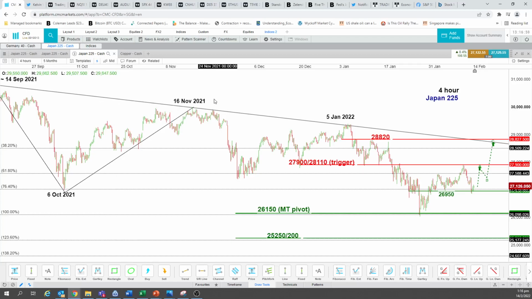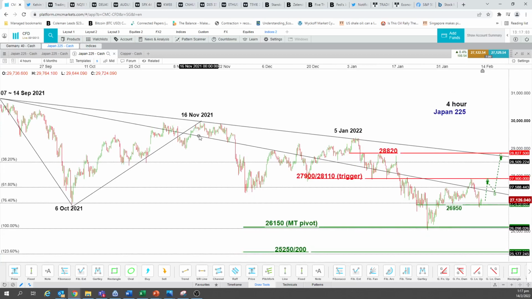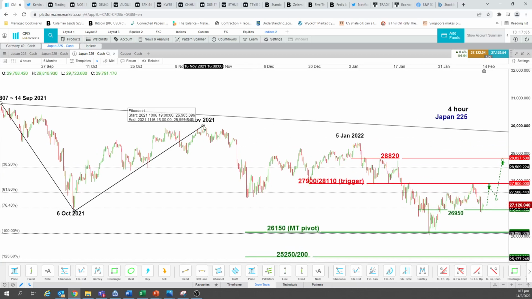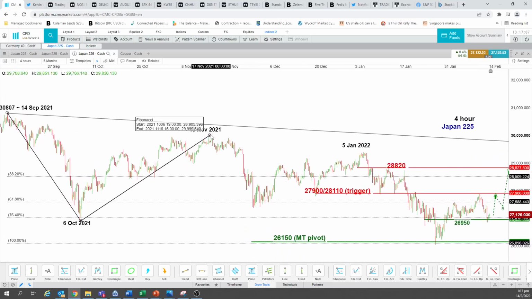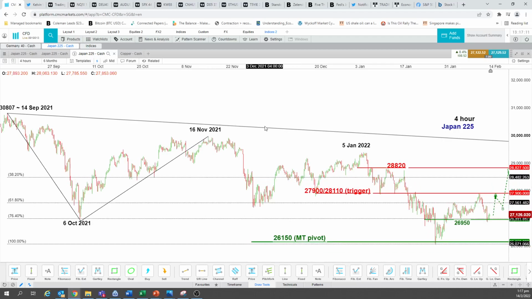Let me do it properly. Let's remove this and anchor it properly.